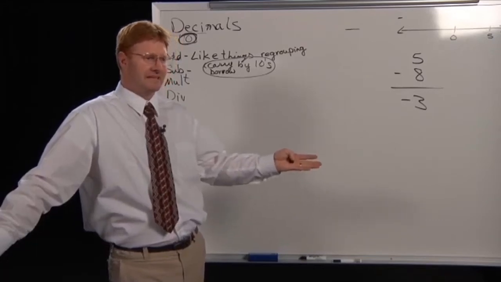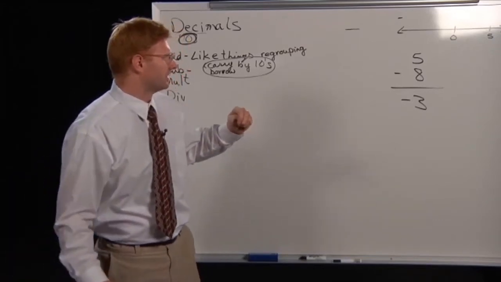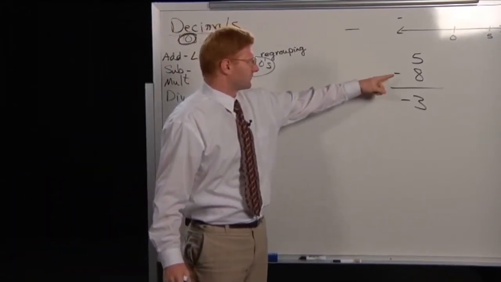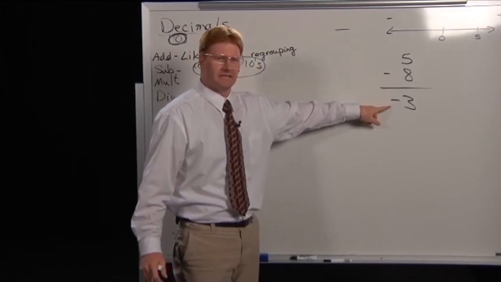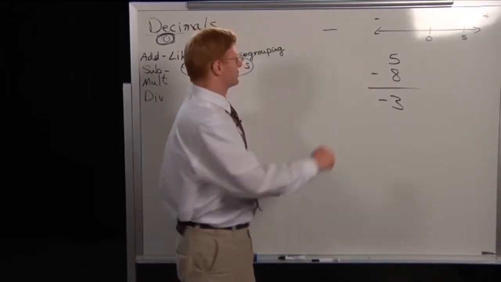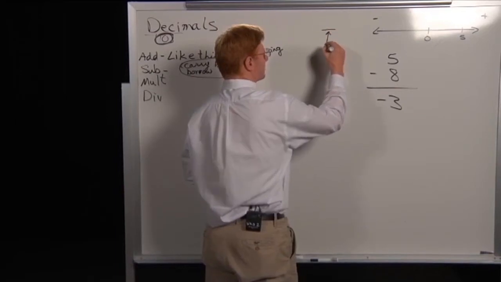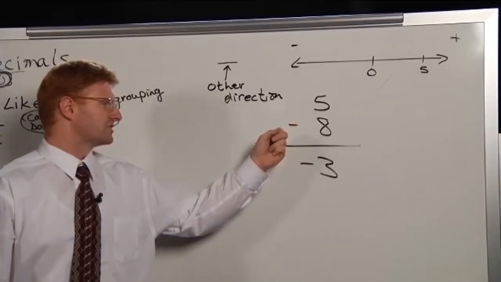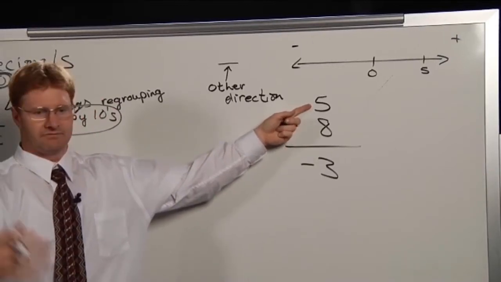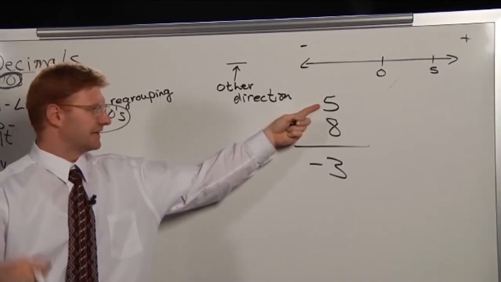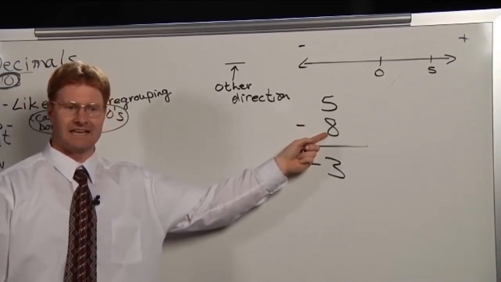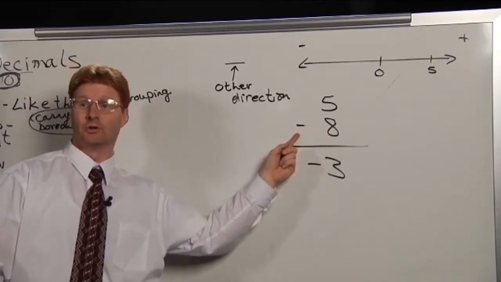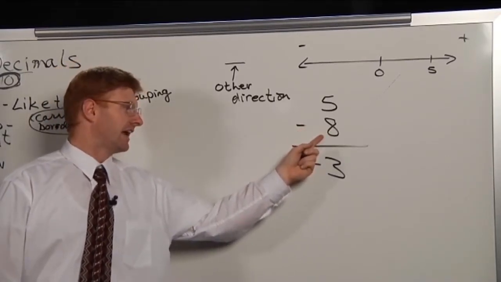Negatives just don't make sense in that regard. So, what does this negative actually mean? And that's what you need to understand. That this negative was created to mean other direction. So if you consider money and you have $5 or anything, this -8 is saying you are now going in debt or losing $8.